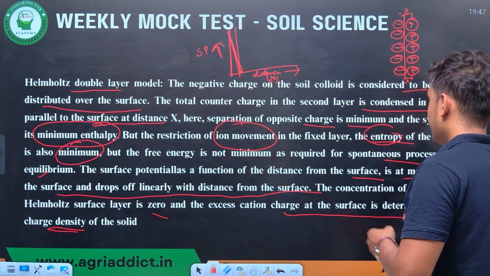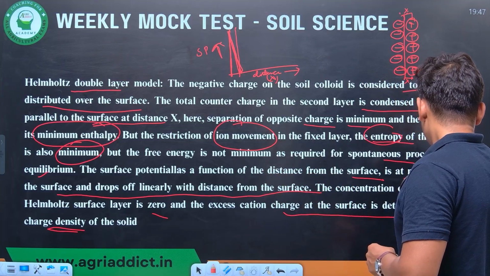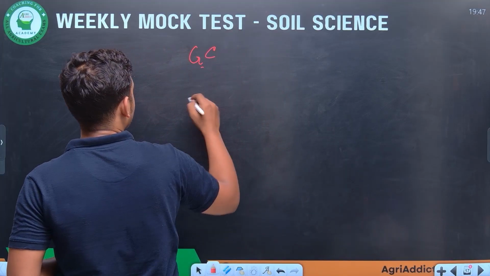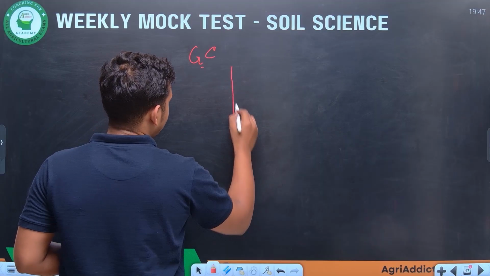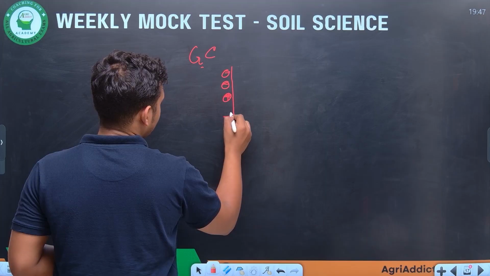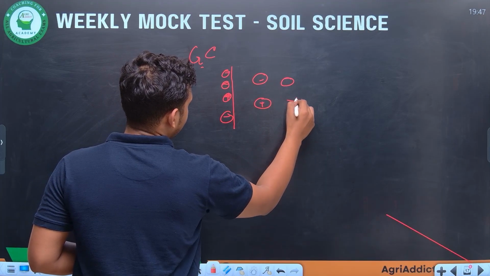And the other layer that I have already mentioned is the Gouy-Chapman layer, the Gouy-Chapman diffuse double layer, where the surface has negative charge and the positive charges are in a diffused form in the bulk solution.